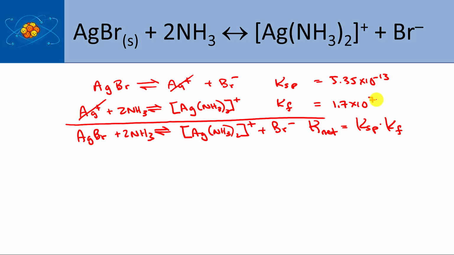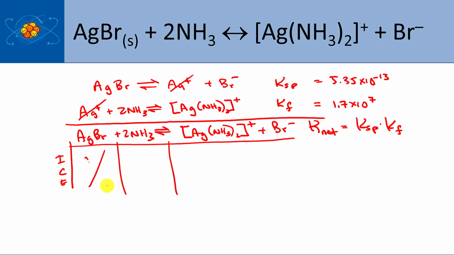Okay, so I start a new ice table, goes like this, right? And we're going to say this is my initial, this is my change, this is equilibrium. Again, this is the solid, it goes away. And then we're going to assume that down here it is 1 molar, and I'll talk about that in a second.